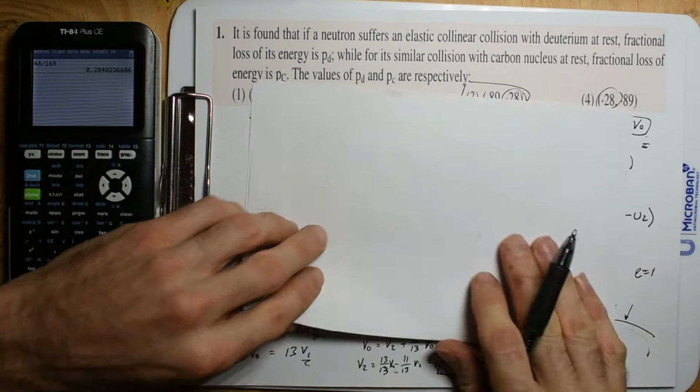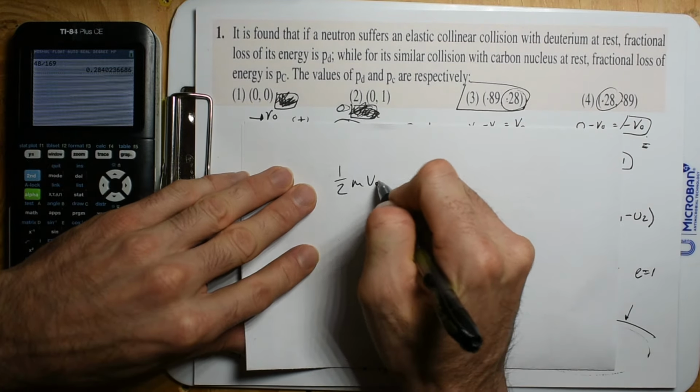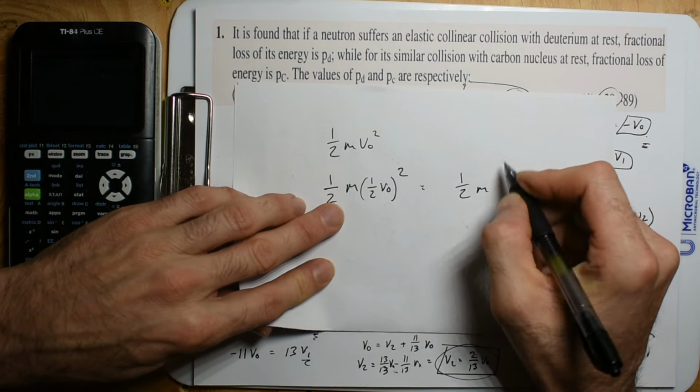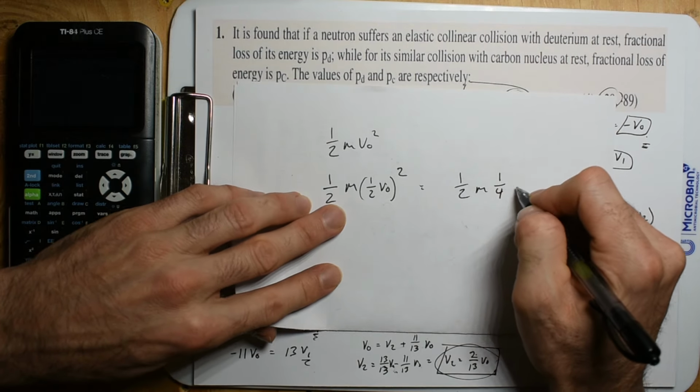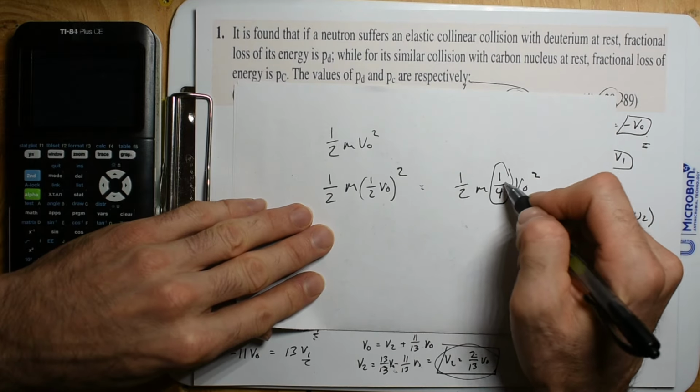So might as well do that. So if we have 1/2 mv naught squared, and then we have a kinetic energy final of 1/2 m times (1/2 v naught) squared. This term is going to be 1/2 m 1/4 v naught squared. And then you can see that this is the difference.